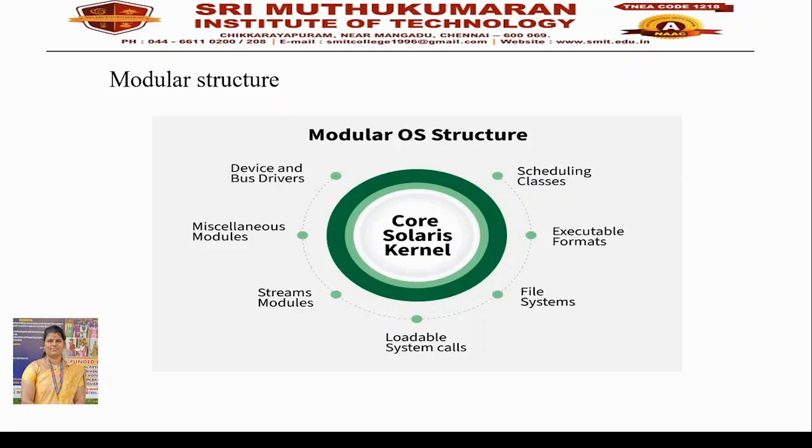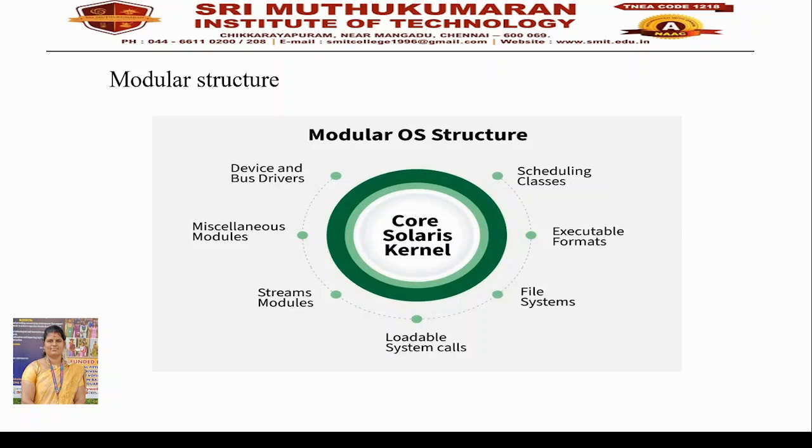The core Solaris kernel, the center of the structure and the heart of the operating system, handles process management, memory management, and device and bus drivers. Device and bus drivers are the part of the modular structure that controls hardware devices, for example keyboard, disk, mouse. Then we come to scheduling classes.